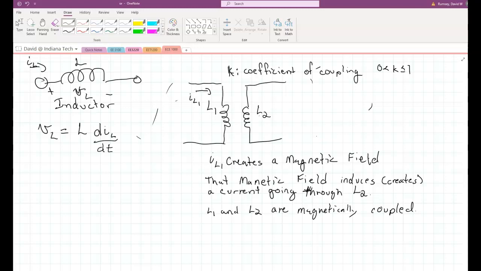But we're going to look at the case where they are coupled together, because this creates a very useful circuit device called a transformer. And some of you might know what that is, and if you don't, that's okay. We'll see what it is when we start doing some simulations.